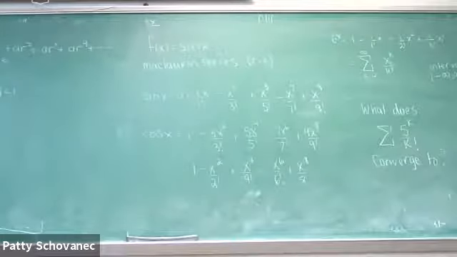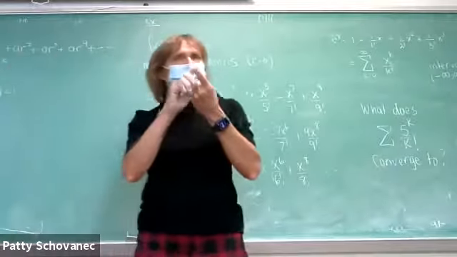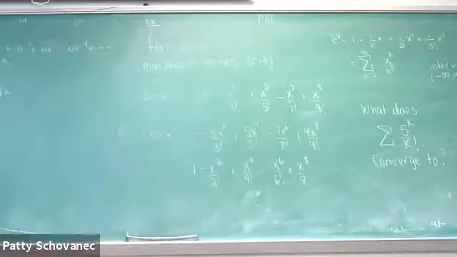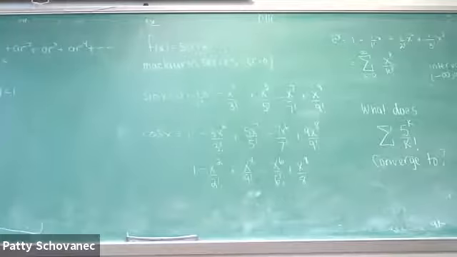I replaced a with 1 and r with x. Each a is 1, each r is x. So it looks like 1 plus x plus x squared plus x cubed plus x to the 4th, and so on.